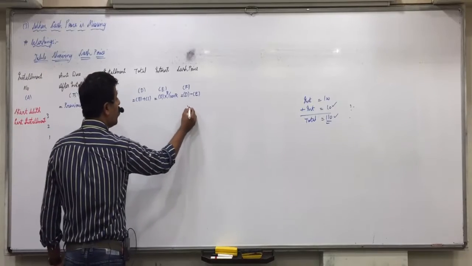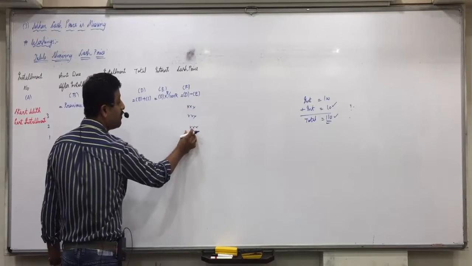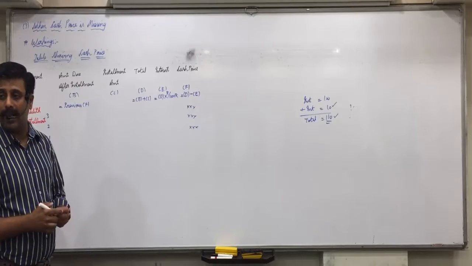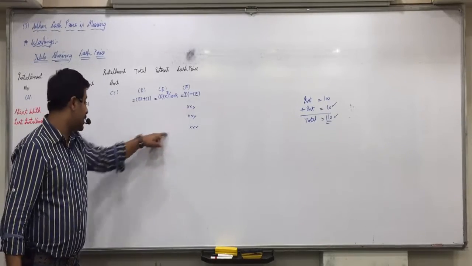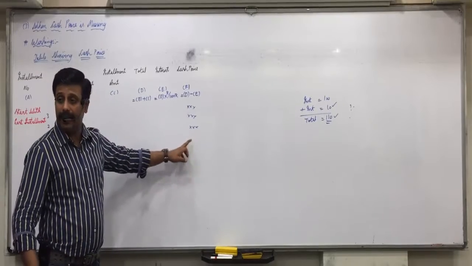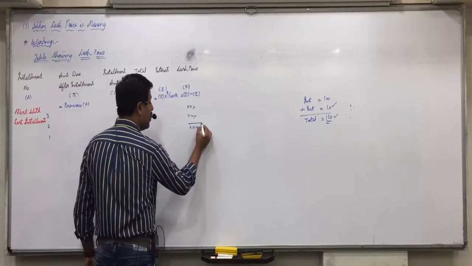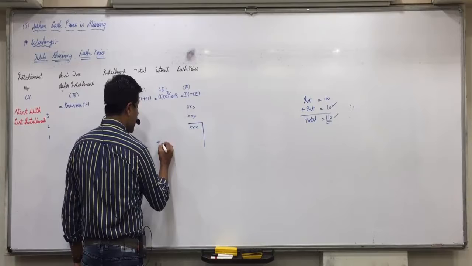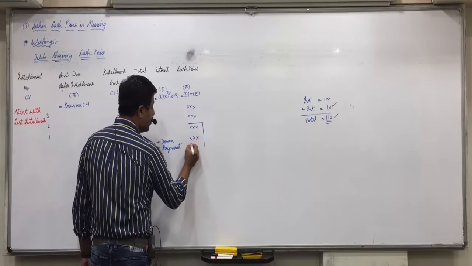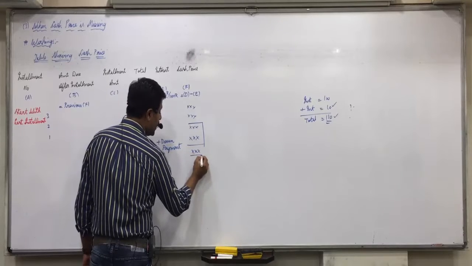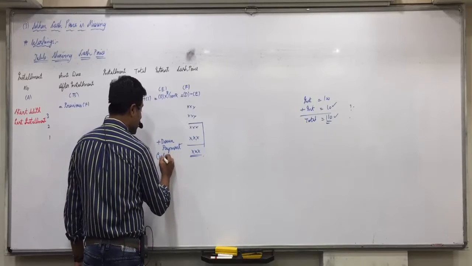And finally, whatever amount you obtain, this one will be cumulative. Why cumulative? This amount is already added here, and this amount is also already added here. In this final amount, you have to add down payment, and then you would get the actual cash price.